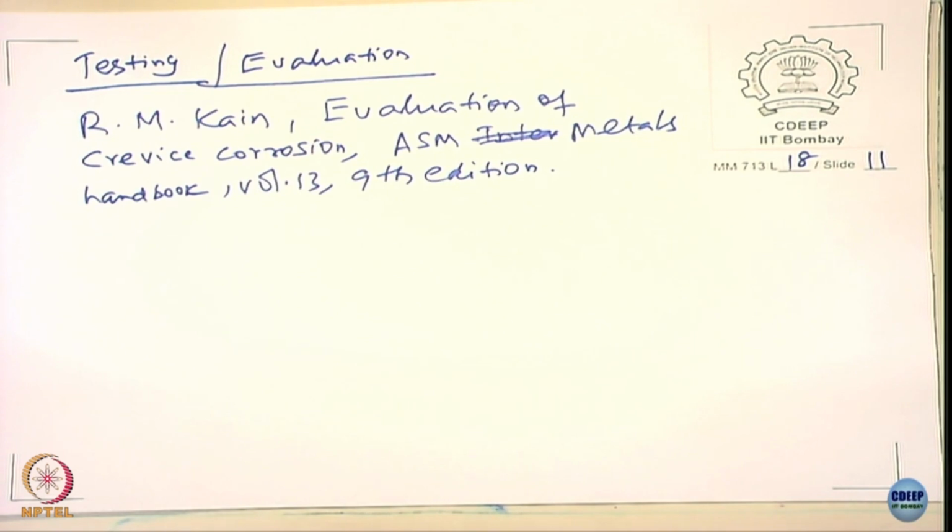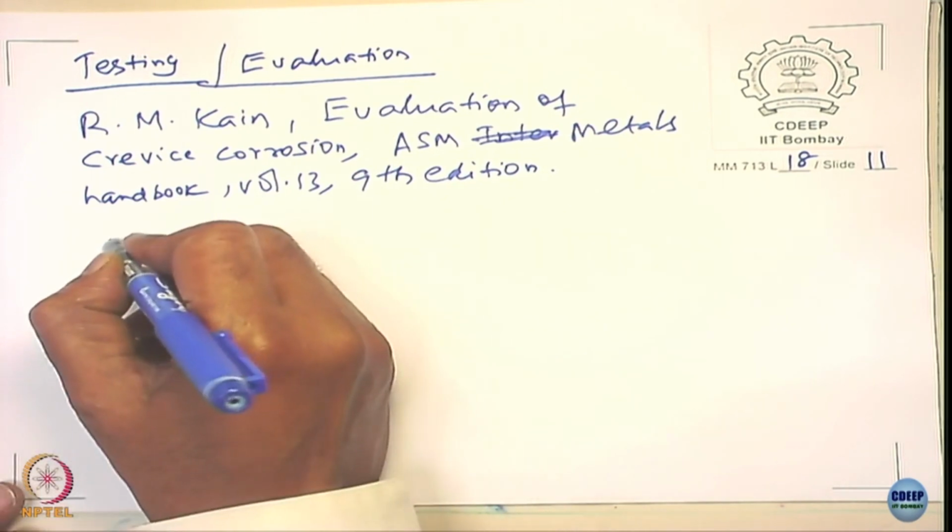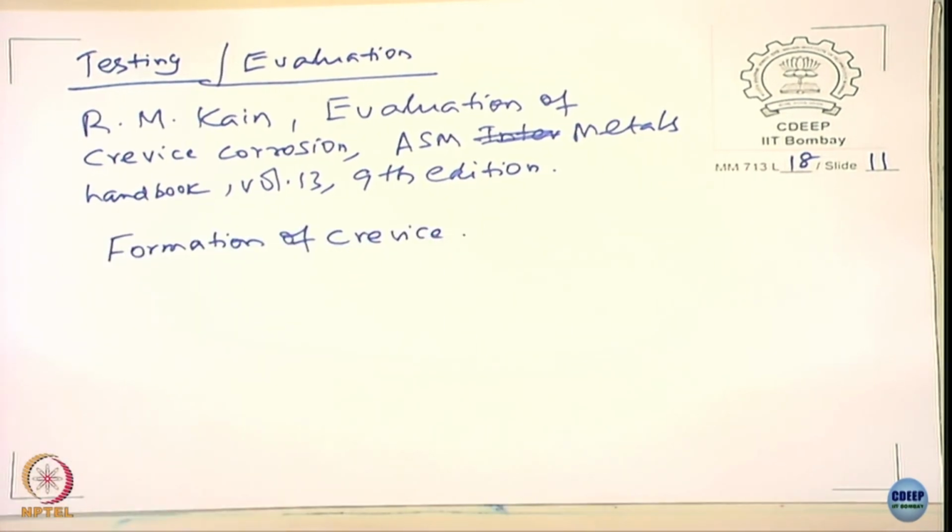Now, you need to understand first of all the concept. Here you have to form a crevice. When I say a crevice, it has its own geometry, all this crevice gap. So there are several variations that you get, and you may choose a sample which is not flat versus the sample which is quite flat.